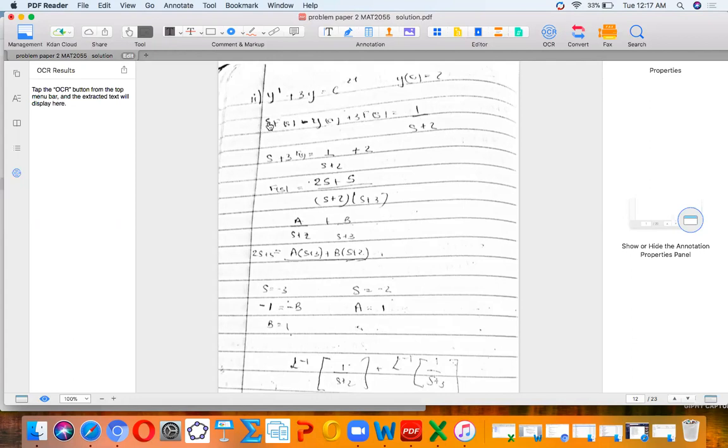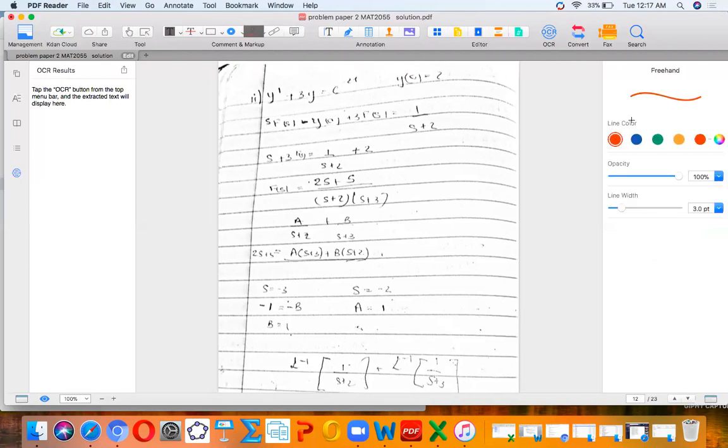Now, what we do now, we group the sF(s) and the 3F(s) together. So the s plus 3 is coming from this s plus 3, and this should be in a bracket. So let me just draw a bracket. So that's the bracket.